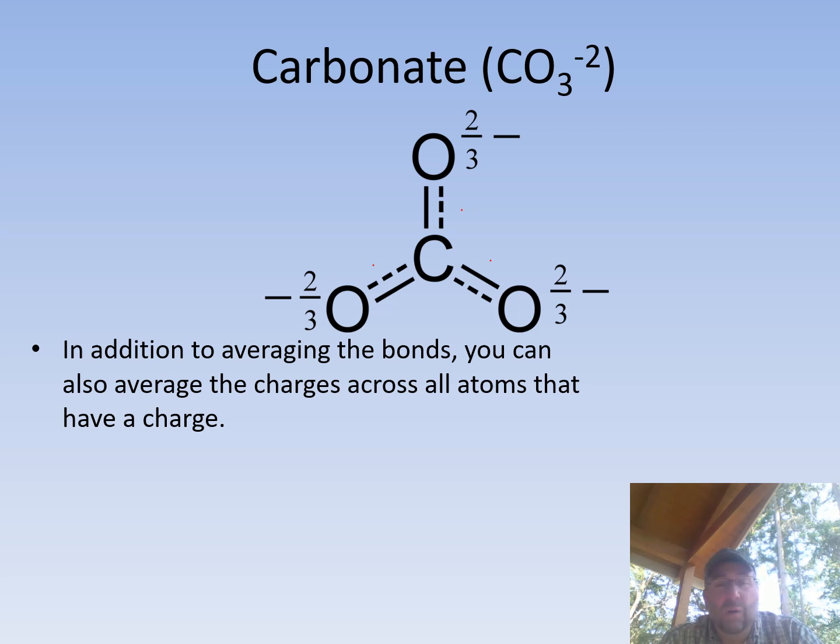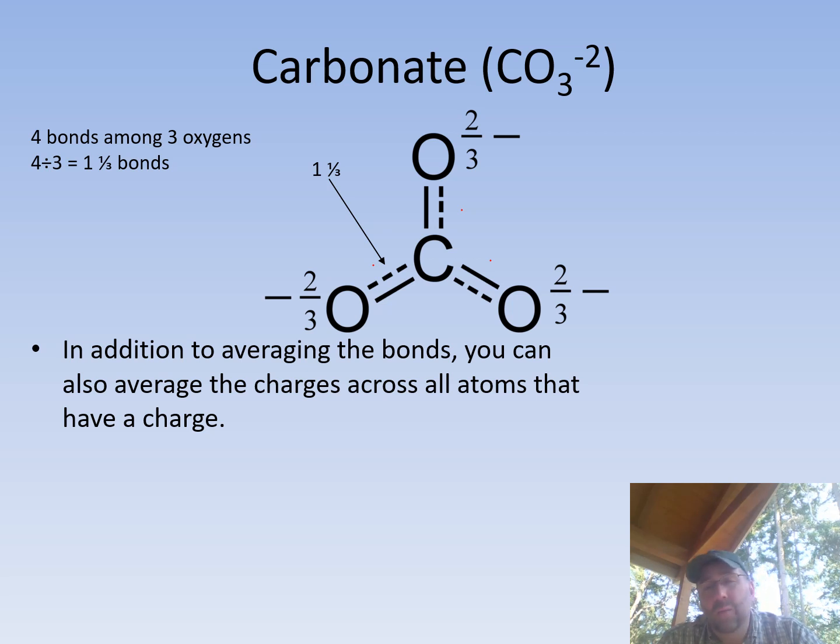So 1 bond, 3 oxygens, it's 1/3 of a bond. So 4 bonds divided by 3 oxygens is 1 1/3 bond strength. The average bond strength is 1 1/3, and the average charge of the oxygens is -2/3.